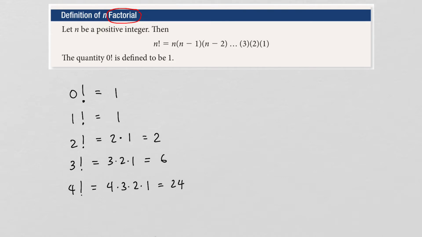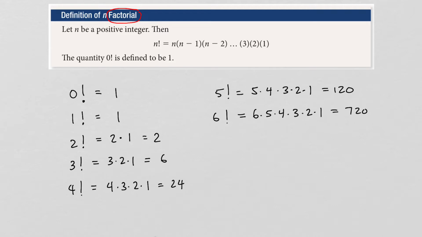And we'll do a couple more here. 5 factorial would be 5 times 4 times 3 times 2 times 1. This turns out to be 120. 6 factorial would be 6 times 5 times 4 times 3 times 2 times 1, which is 720.